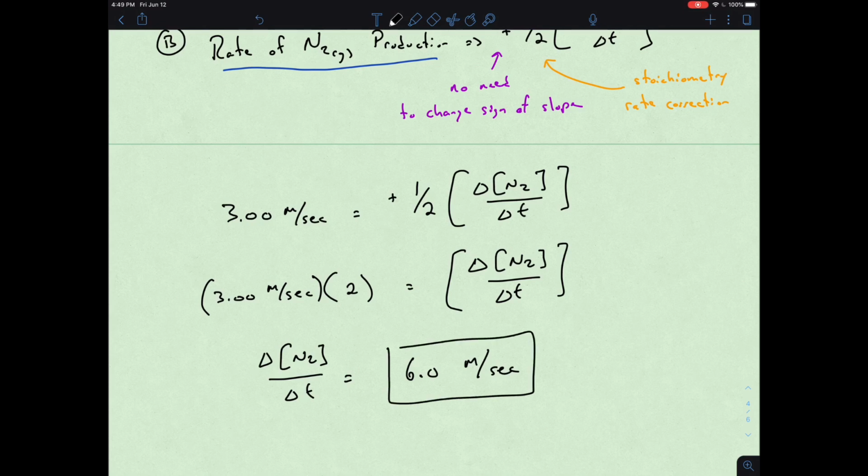So that's how we can look at general rate expressions, very simplistically here, in terms of generally change in concentration or change in pressure over a change in time. We can relate these specifically to starting materials or products, or we can also put them together and relate them to the overall rate of the reaction.